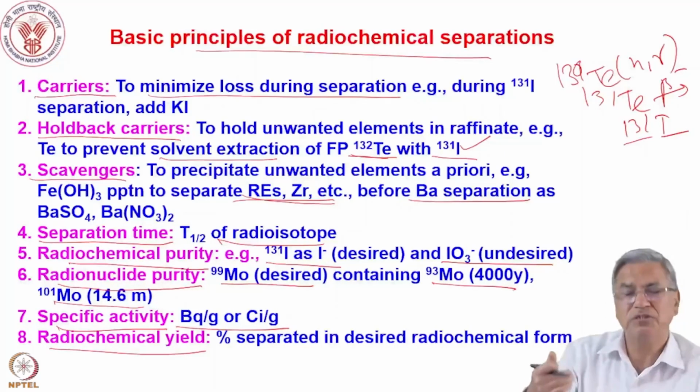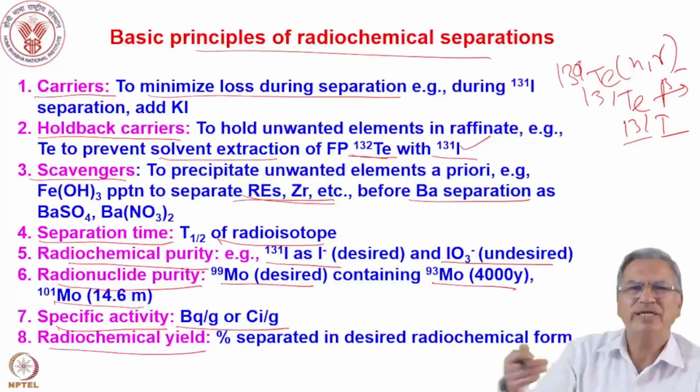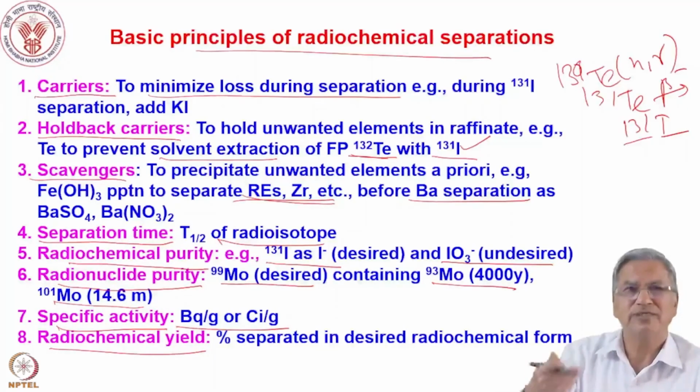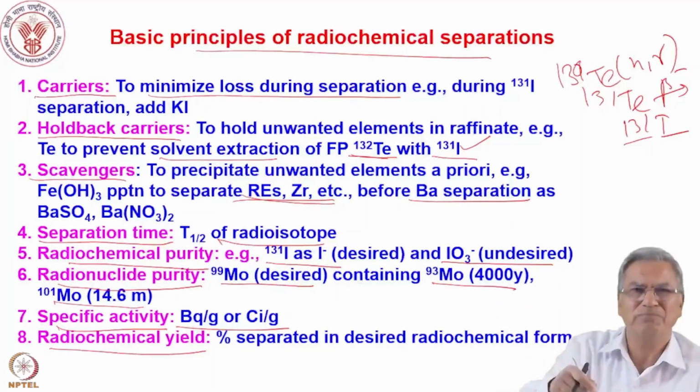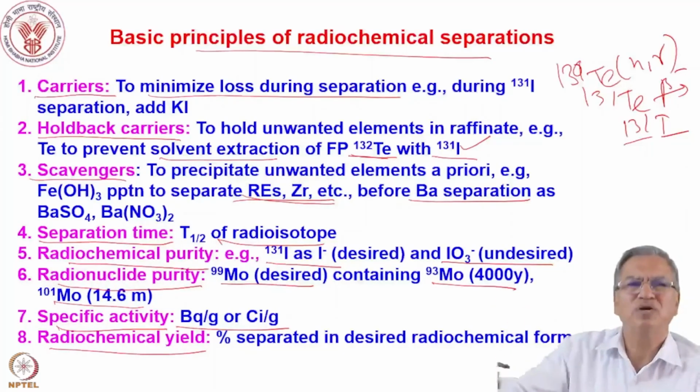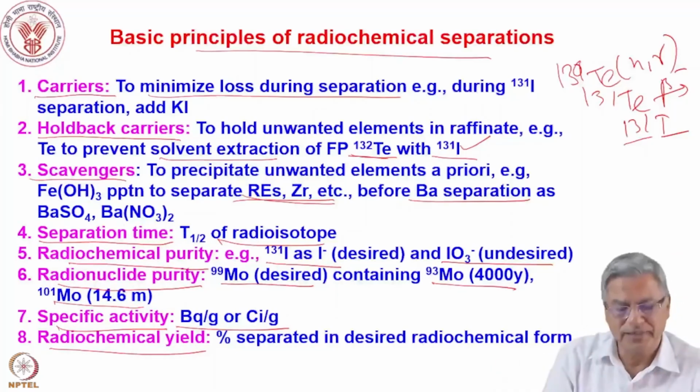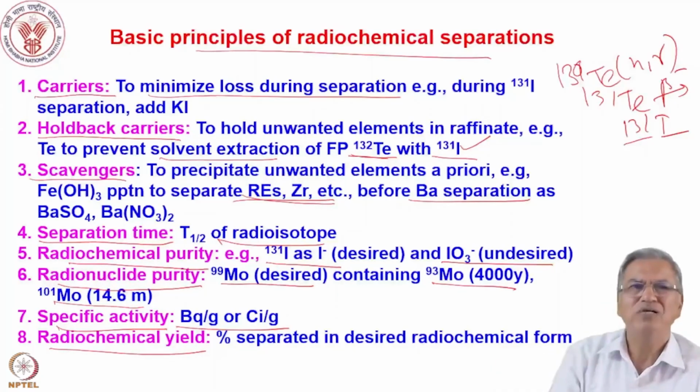So this is required to be known. And for that, sometimes radiotracers are also used. In radiochemical separations, radiotracers help in finding out the radiochemical yield. So you can add a radioisotope which is not present in your sample, and finally you see what percentage of this activity has been separated. That will give you the yield of radiochemical separation.